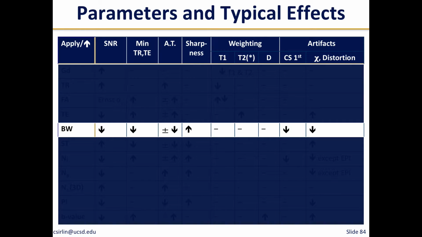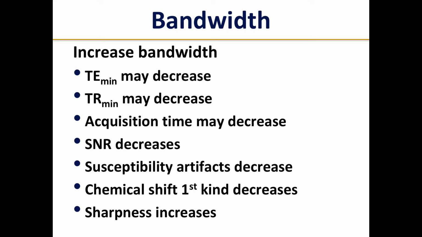Bandwidth. Bandwidth is the frequency with which we listen to the echo. So do we listen to the echo very slowly, or do we listen to the echo very rapidly? The speed or frequency with which we listen to the echo is called the bandwidth. It's actually a frequency, and it's a very important parameter.